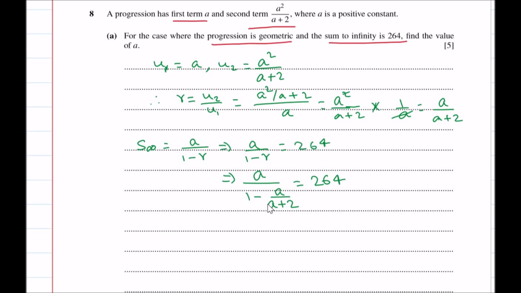Okay. Now let us simplify this denominator. So numerator as it is A, and denominator becomes A plus 2 minus A divided by A plus 2 when we combine the fraction and 1. So that is 264.